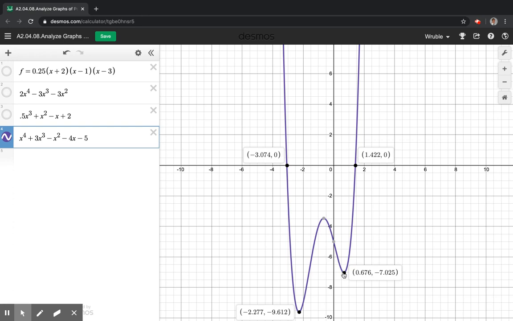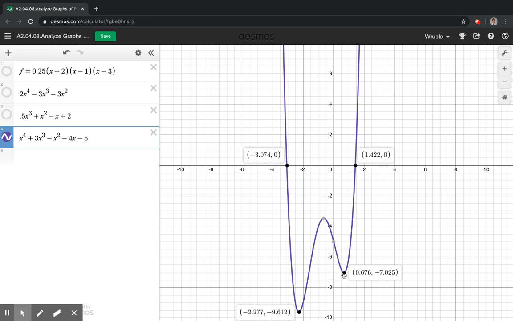And the other one is 0.676, -7.025. And so we can estimate where those are as well. -2.27 is just a little bit past 2, and almost down to 10, but not quite. And the other is about halfway between 1 and 0, a little bit more than that, and -7. So that's 6, and that's 8. So right about -7. So that puts us right about there.